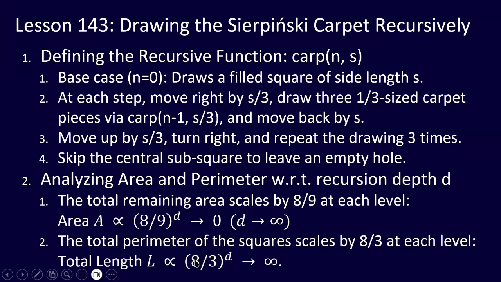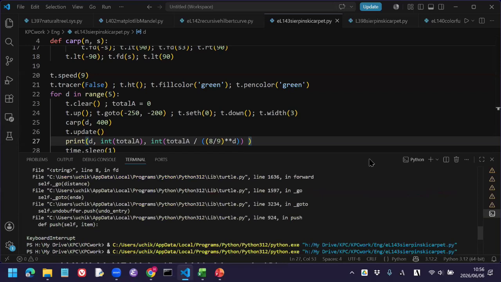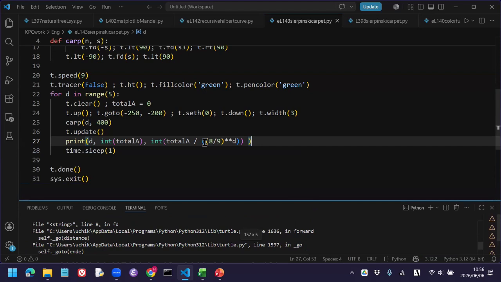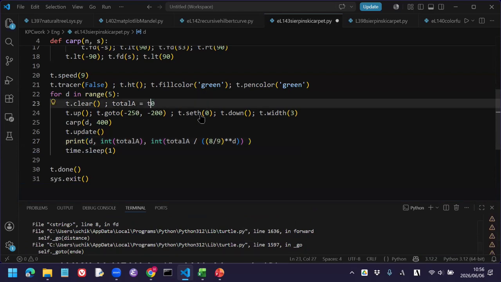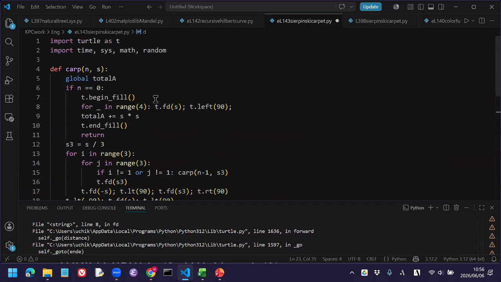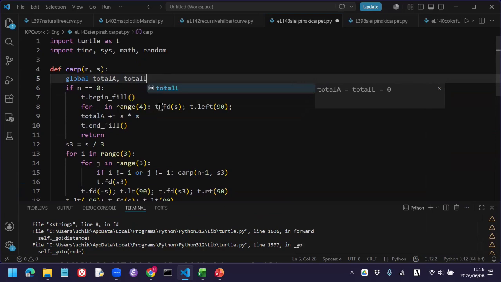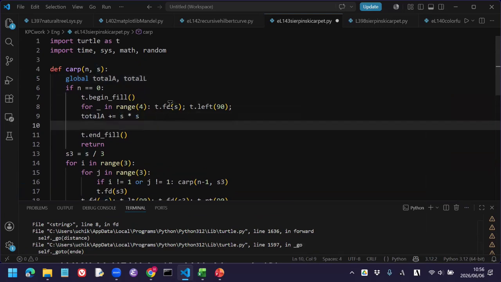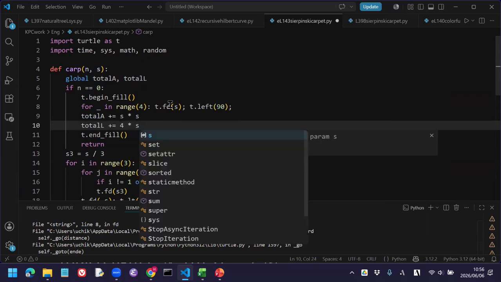Also, if we take the perimeter of the square, it grows at 8 over 3 magnitude. So let's quickly check that. Do we do the same thing? At initialization, we will also initialize total L equals 0, global variable total L, and after adding total A, total L adds equal 4 times S, right?